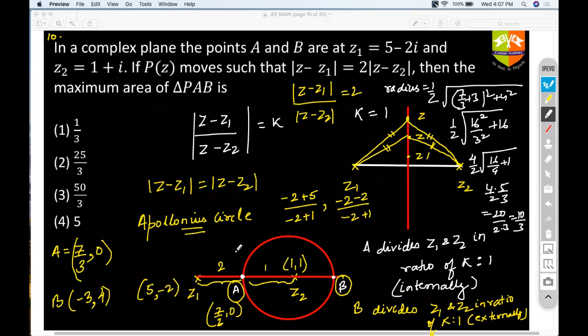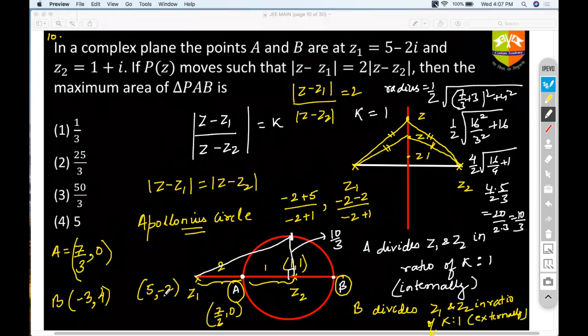Correct? So now you are going to make a triangle with PAB. So P is basically moving. So when do you think your triangle will have the maximum area? When its height is maximum, because base is fixed. Correct? So if you are able to draw a triangle like this, that triangle will have a maximum area. So its height is going to be 10 by 3, and its base is going to be the distance between these 2 points.